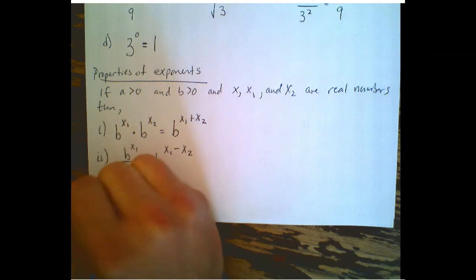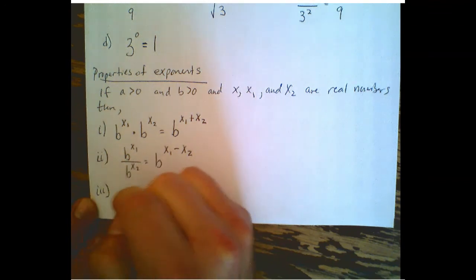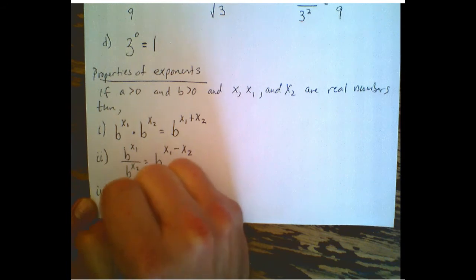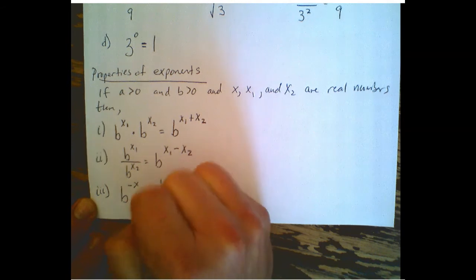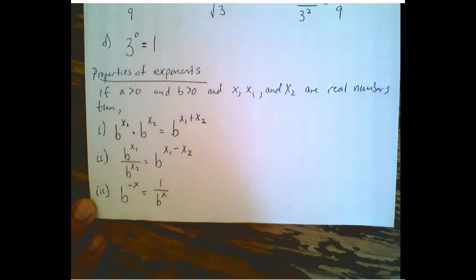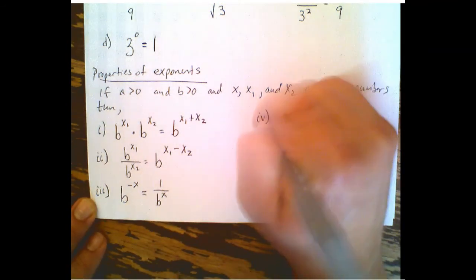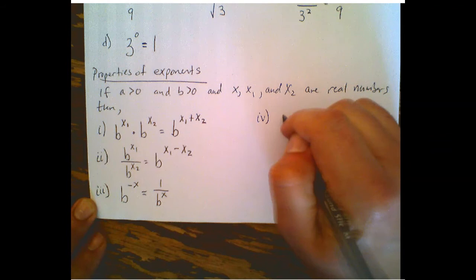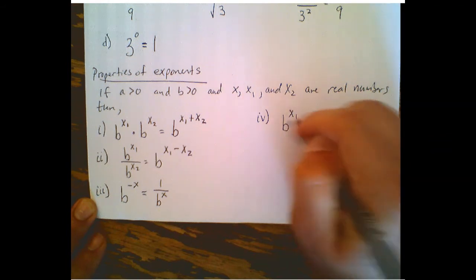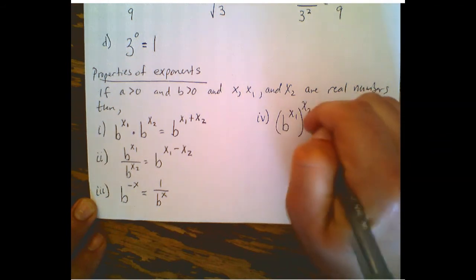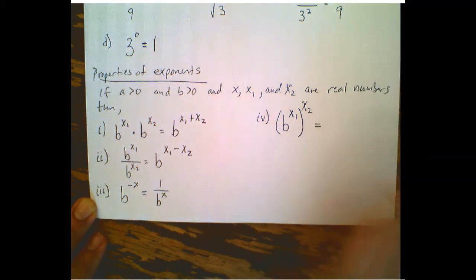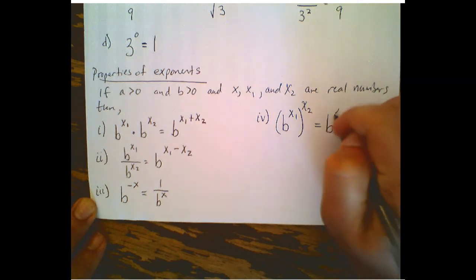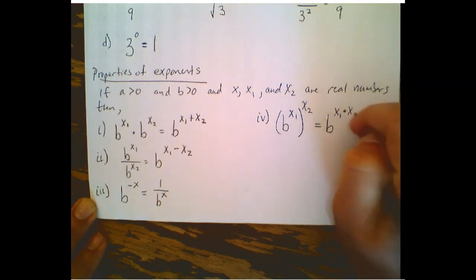Third property, this deals with negative powers. So b to the negative x is equivalent to 1 over b to the positive x. We just saw that in the previous example. If we raise an exponential function to a power, so we say this is a power to a power, we multiply those two powers. So this is equivalent to b to the x1 times x2.